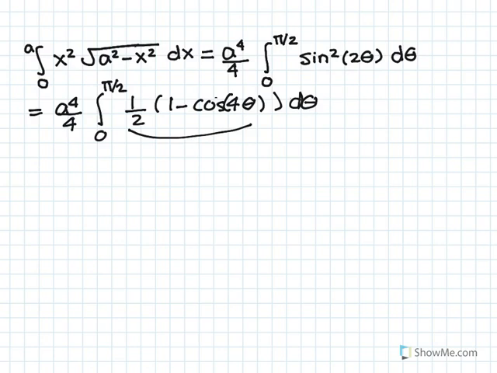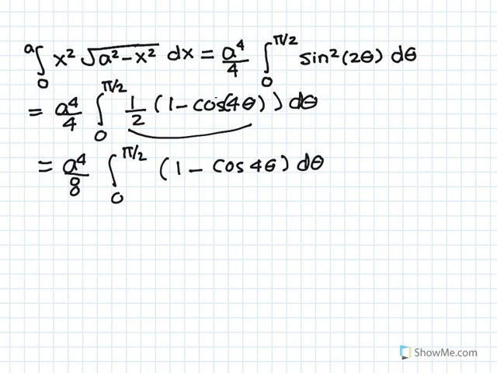So now let's remove the 1/2 outside the integral. We get a to the fourth over 8, integral from 0 to pi over 2 of 1 minus cosine 4 theta d theta. And integrating this term by term, we get a to the fourth over 8. What is the integral of 1 with respect to theta?